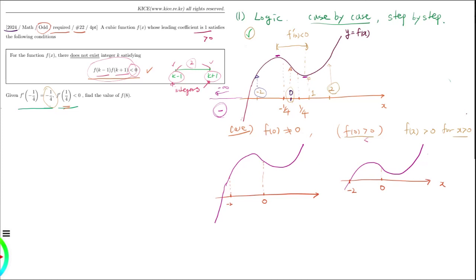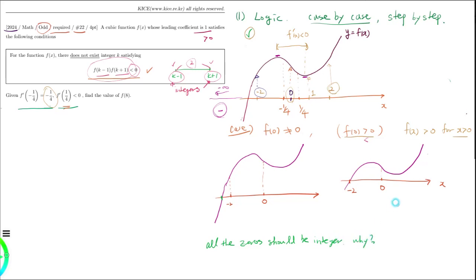Here there is an important observation. All the zeros should be integer. Why?